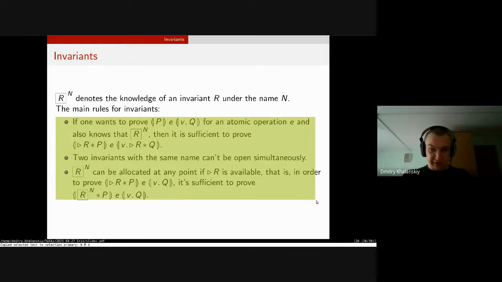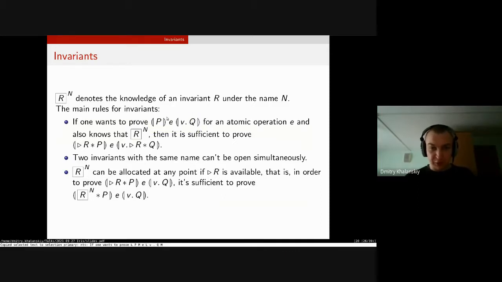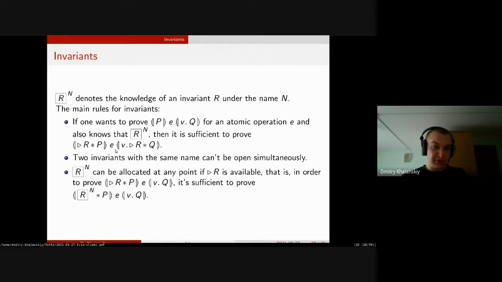What are the invariants and how can one use them? If you want to prove some specification for a particular program, and you also know that there is an invariant governing the behavior of the program as a whole, then you can instead opt to prove this statement if the program is atomic. That is, it is represented by an atomic operation. What does this say?